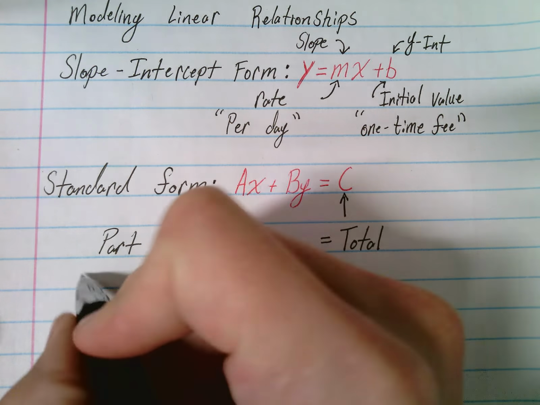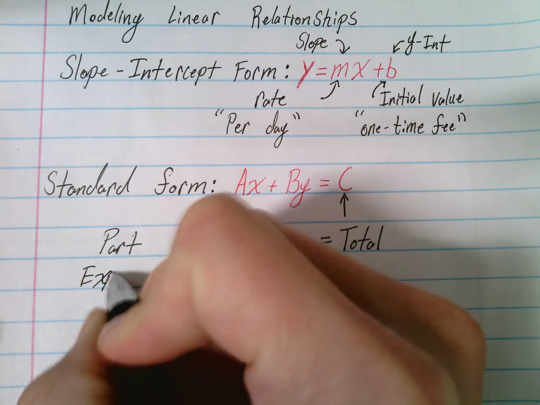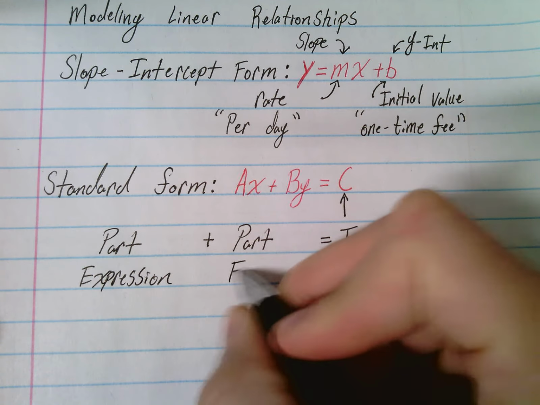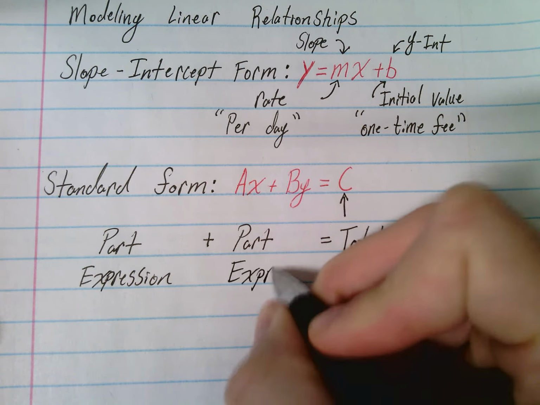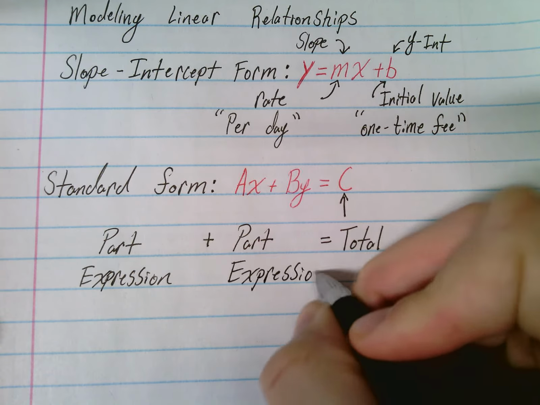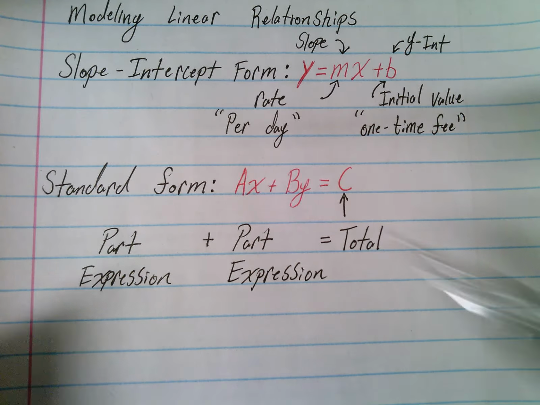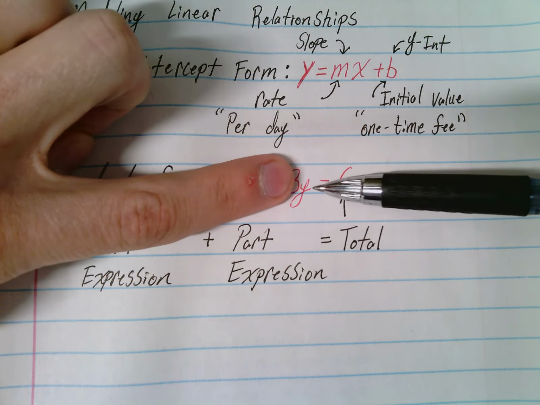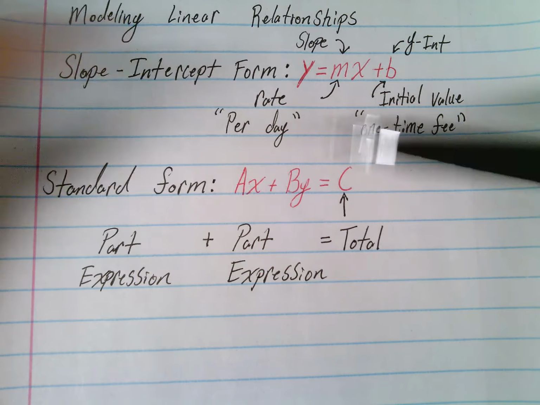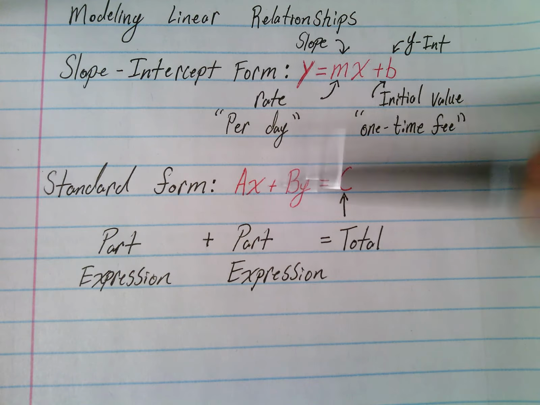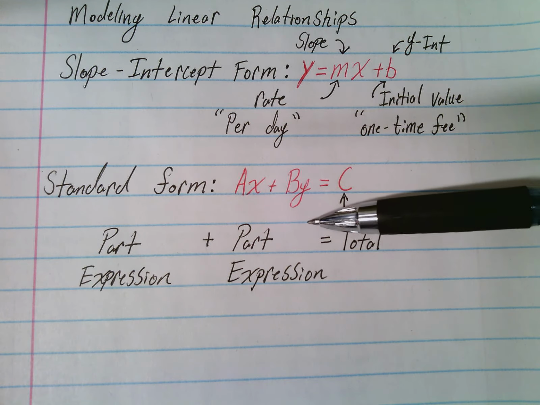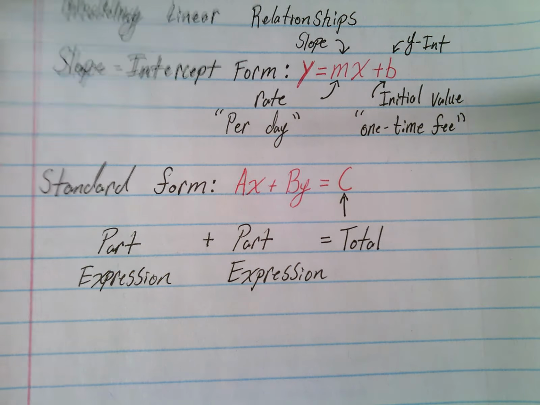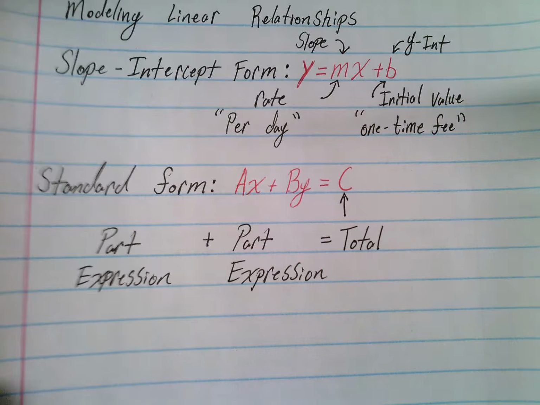So this will be an expression, and this will also be an expression, because we're going to be plugging in different things. Remember, it's the number of binders or the number of notebooks that I sell. So we need to decide which form is going to fit our situation, and then we'll solve the problem to do that. Okay, so let's take a look at an example here.